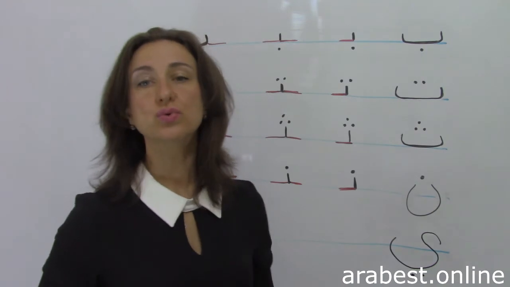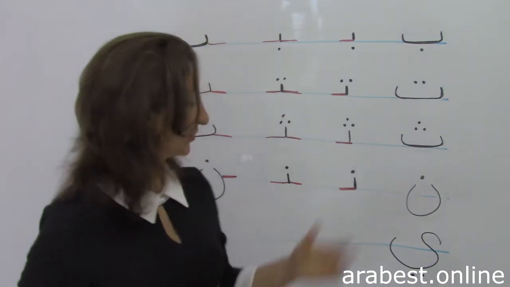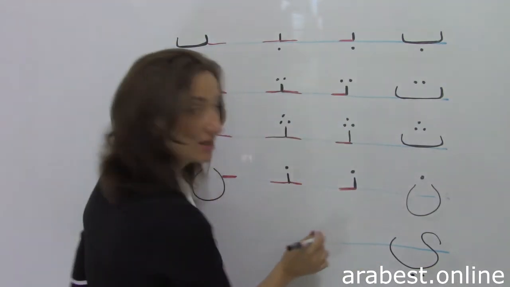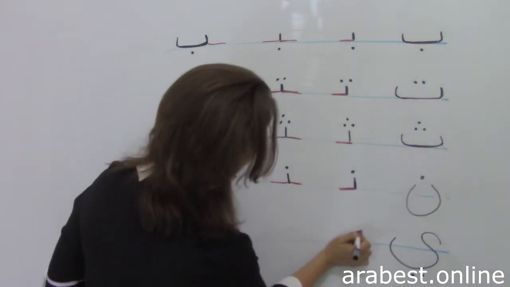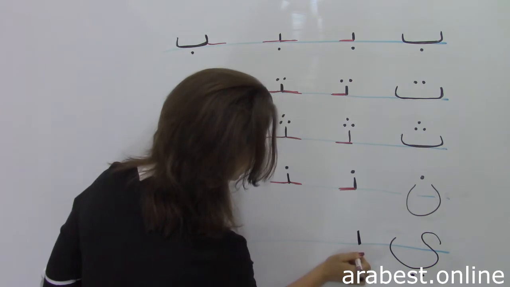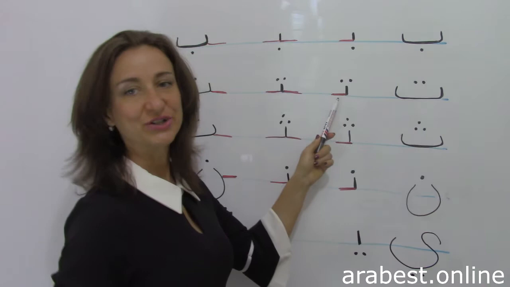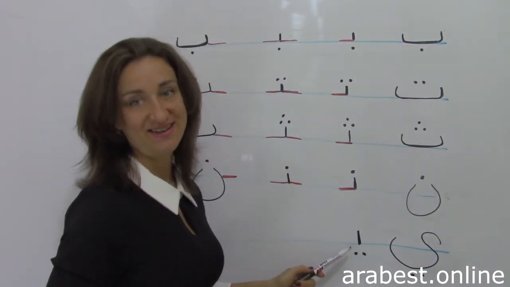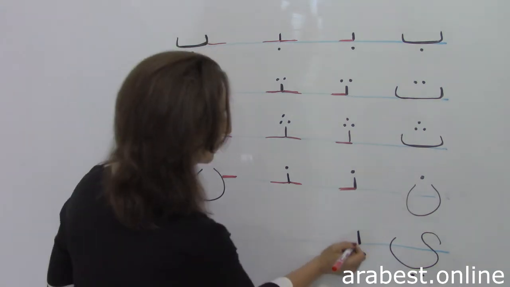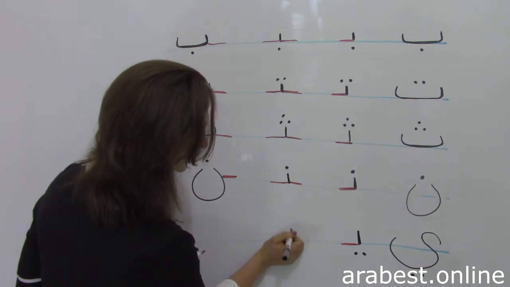Comes a goose or a swan. What is the reason to bring this letter into this group? In the beginning of the word, this letter will look like a small vertical stick with two dots below. Letter ta, letter ya. That's why we brought it here.